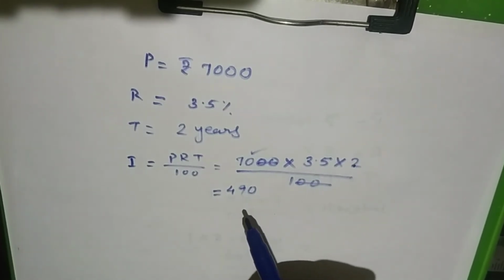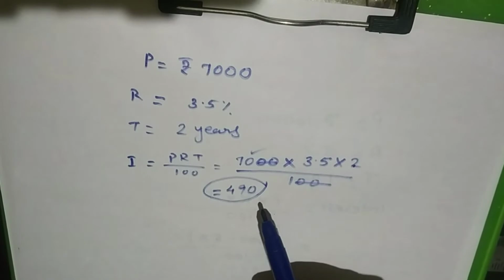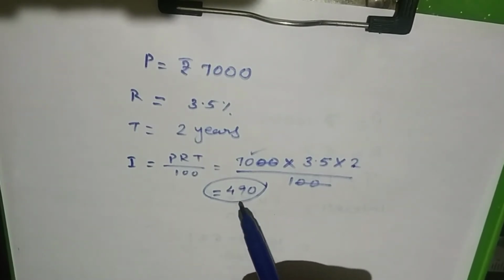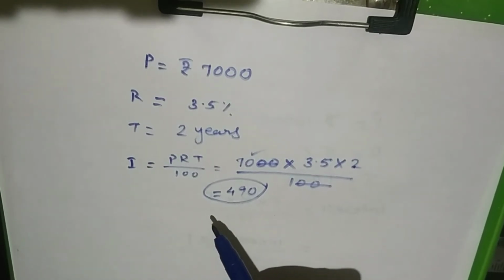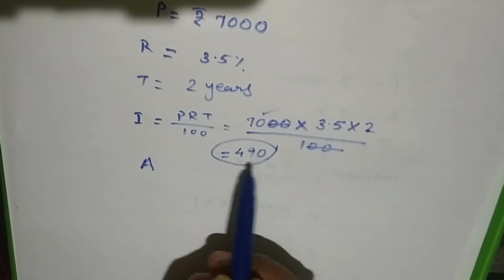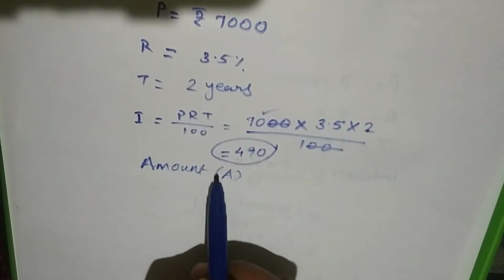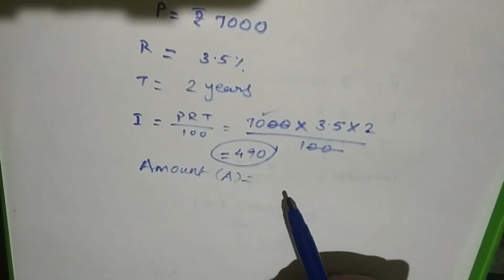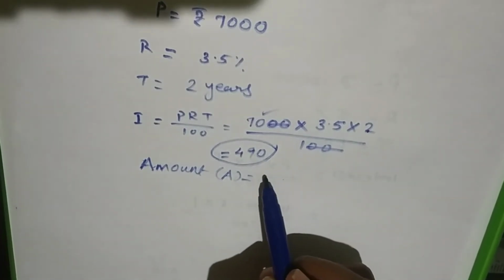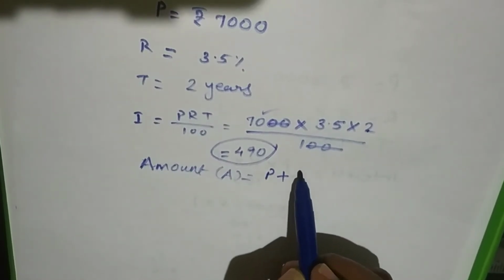But here we have to find amount after 2 years. Interest, that is extra amount we have to pay after 2 years, is 490. Then what is the amount with the extra money? That is the amount. Then here the amount A is equal to principal plus interest.